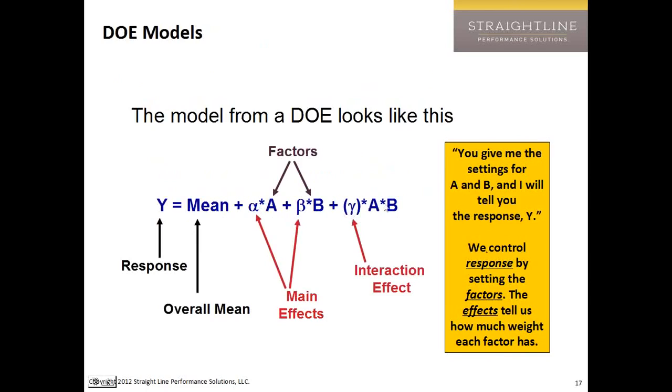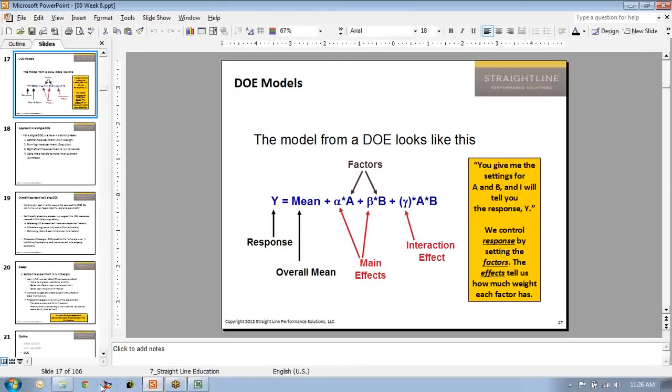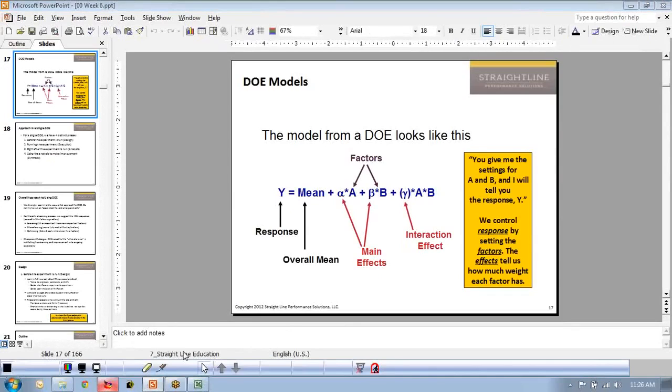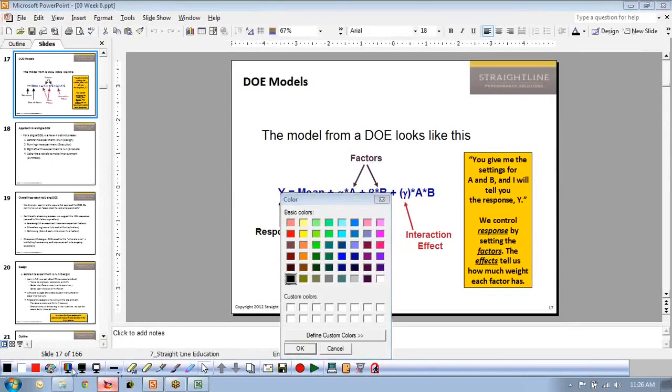So to run a full factorial, we would need to estimate 4 things. This is kind of a key to the difference between thinking full factorial and partial factorial.